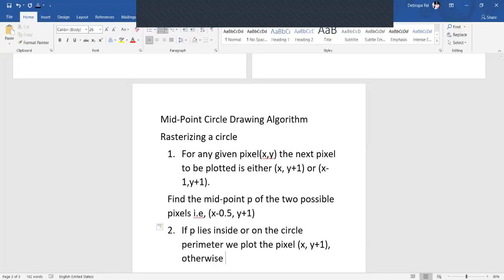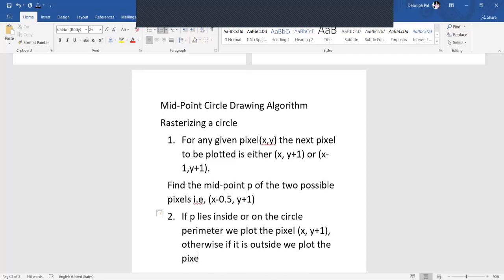Otherwise, if it is outside, we plot the pixel x minus 1 comma y plus 1. So these are the two main points.